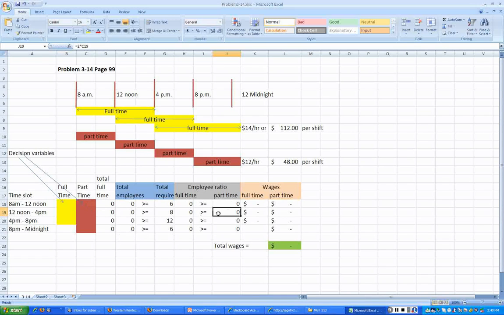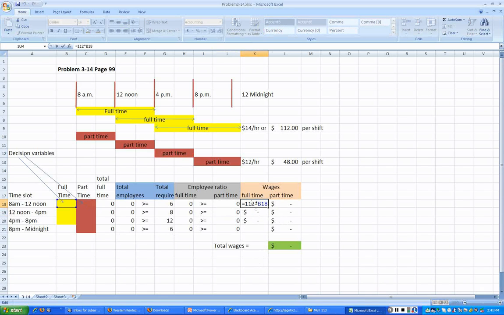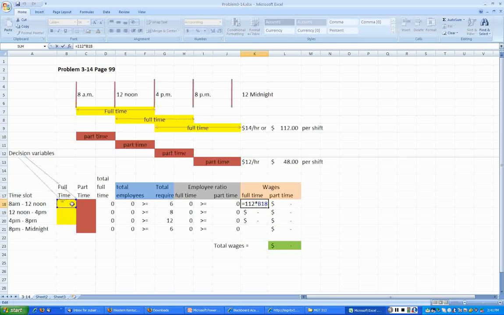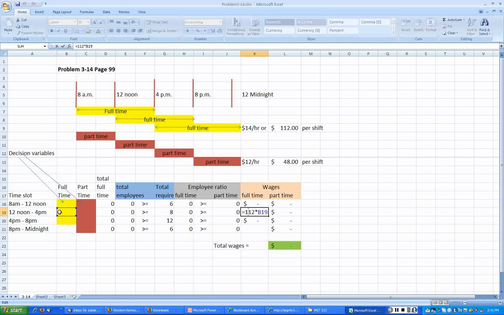The wages for the full-timers are 112 times the number who join at 8 o'clock, likewise 112 times the number who come at 12 noon, and 112 times the number who come at 4 o'clock.